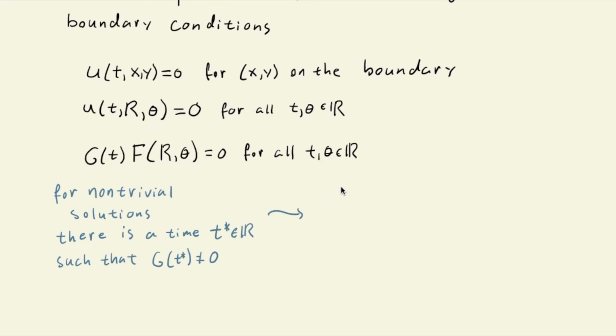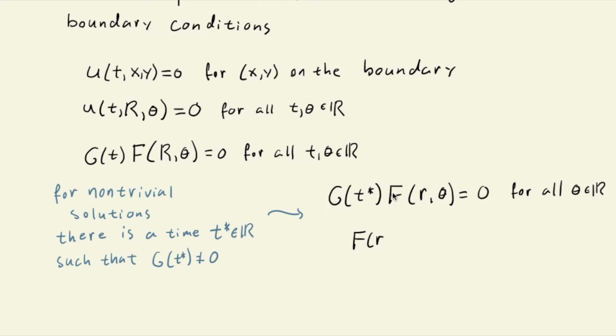In particular, we can take t equals t star. So this has to be true now for all values of theta. We fixed t equal t star. And we know that this g(t star) is not 0, so we can divide by this on both sides, and we get that f, oops, I'm sorry.